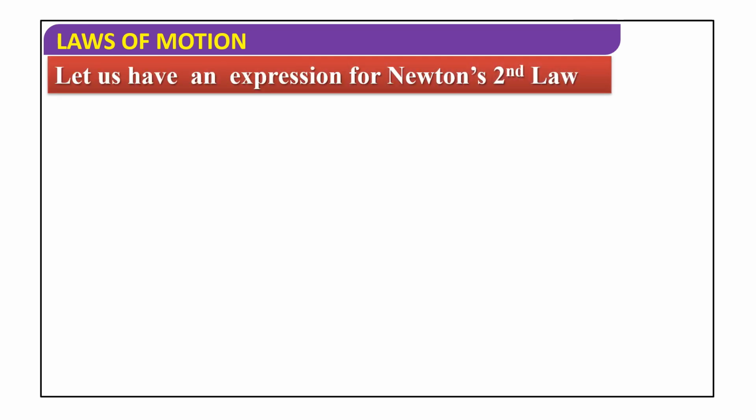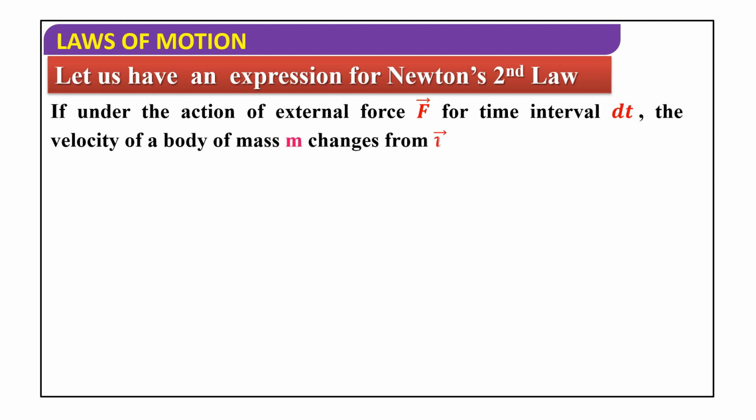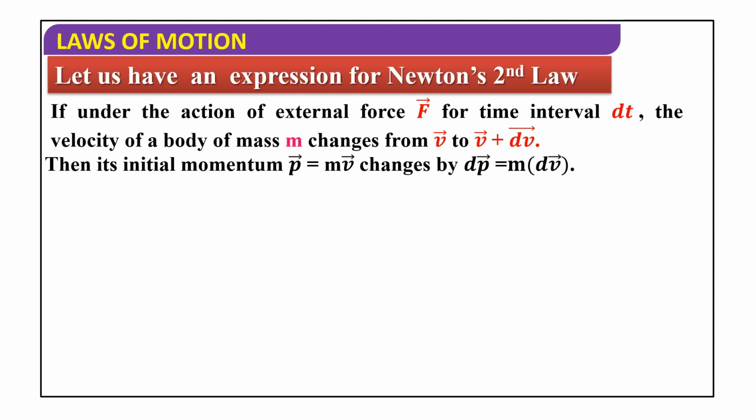So let us have an expression for Newton's second law. If under the action of external force F bar for the time interval dt, the velocity of a body of mass m changes from v to v plus dv, then its initial momentum p is equal to mv and it changes by dp is equal to m into dv.